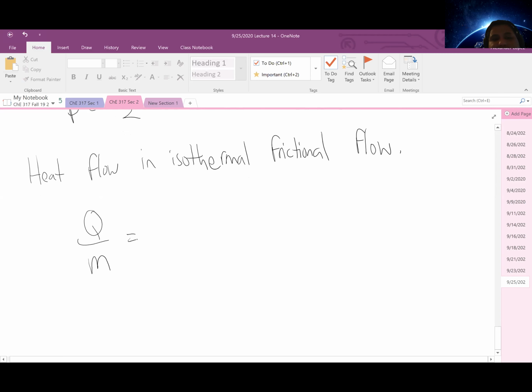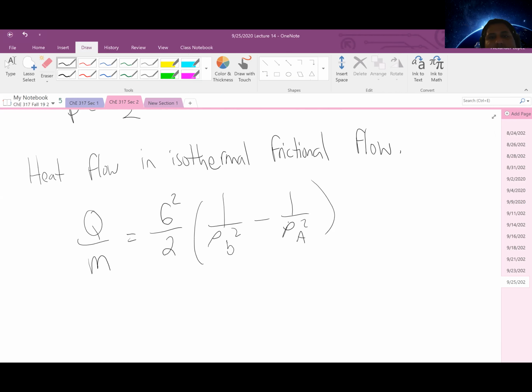And that is equal to your mass flux squared over 2 times 1 over the density B squared minus 1 over the density of A squared. And I'll make those a little more in terms of densities. Maybe I should just use a different color for density. Probably should have done that from the beginning. Oh well. This is equation 6.51, page 151.